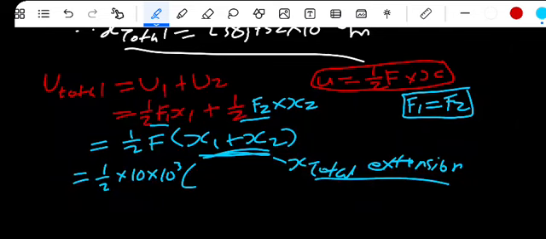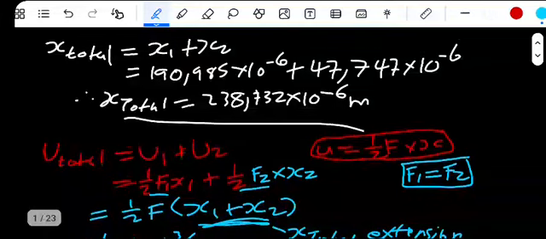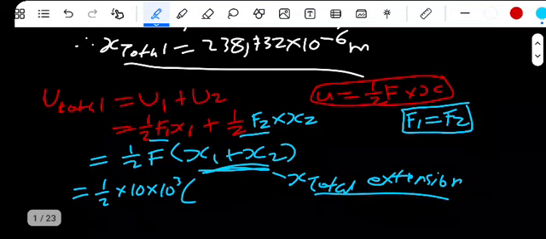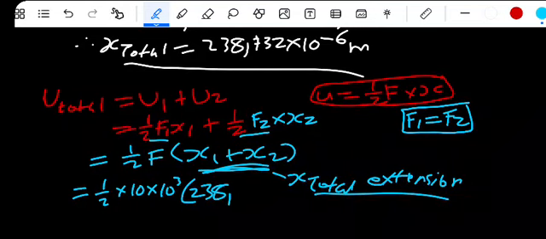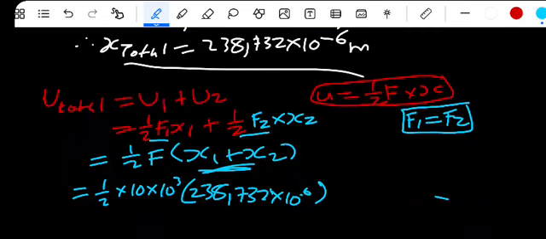X1 plus x2 is 238.732 times 10 to the power of minus 6.